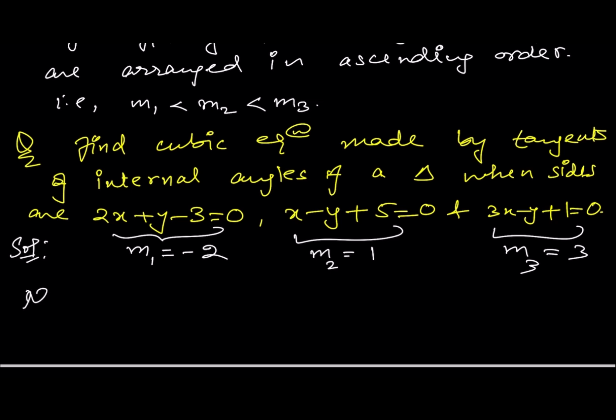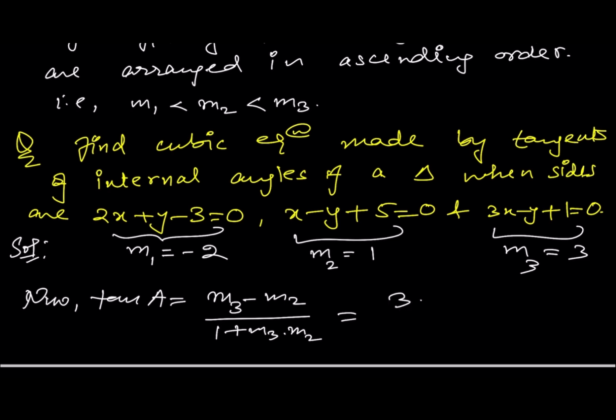Now write tan A. Tan A is nothing but (m3 minus m2) upon (1 plus m3 m2), which is (3 minus 1) upon (1 plus 3 into 1), which is 1 by 2.